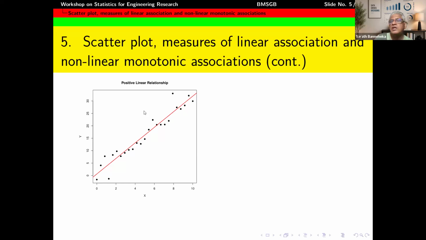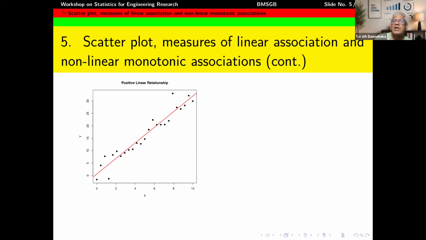In that case, we say there seems to be a positive linear relationship, if the slope of the straight line that we can draw through the points is positive. In addition to the sign, positive and linear, we can also say something about the strength of the relationship.